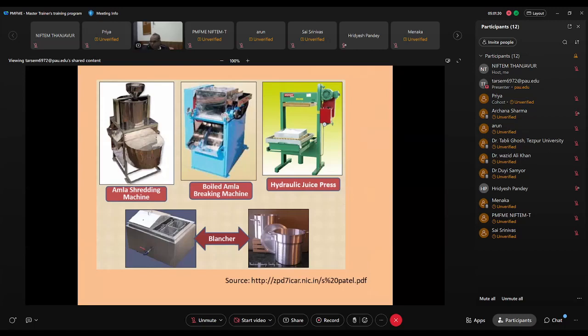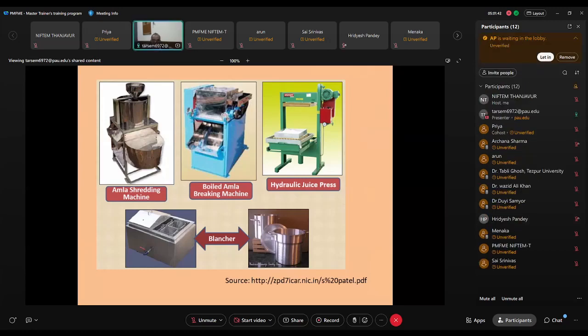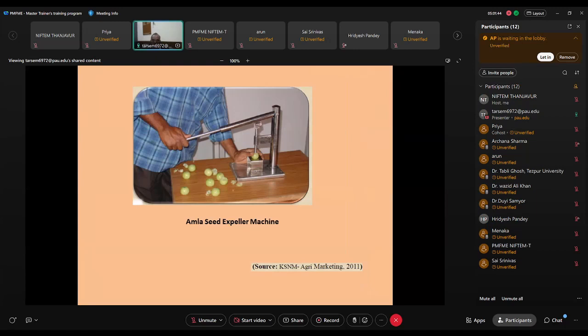These are small domestic appliances, gadgets, which are used at domestic level as well as some commercial level also. This amla seed expeller machine is where the seed is removed by removing the core of that fruit.